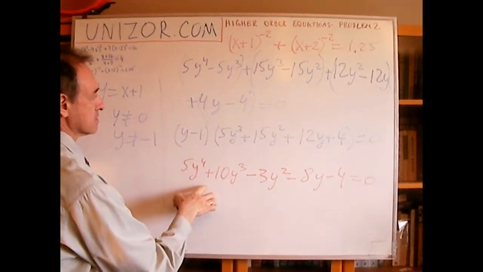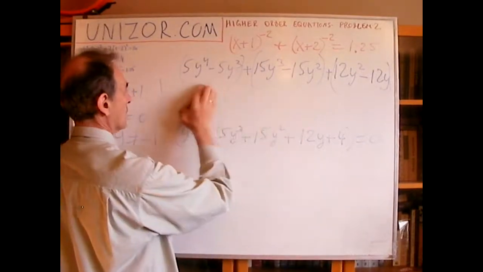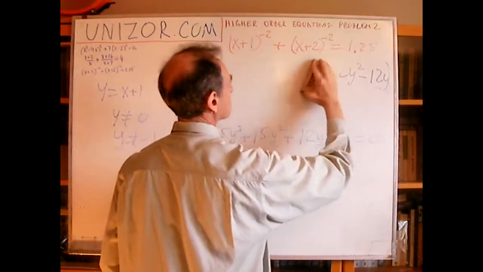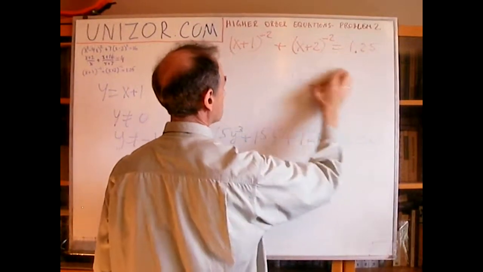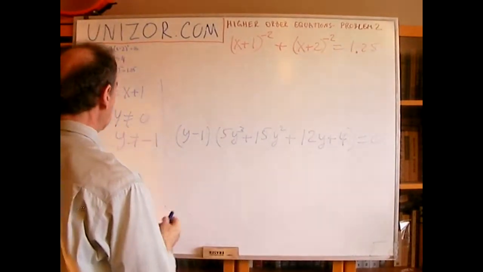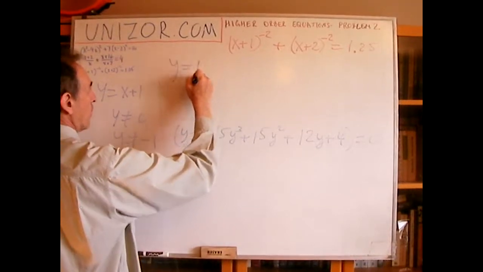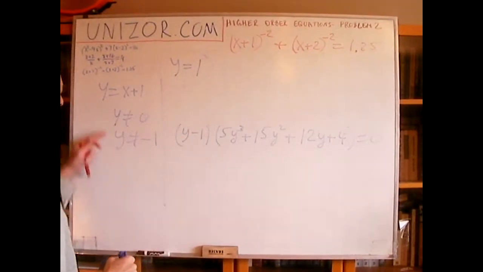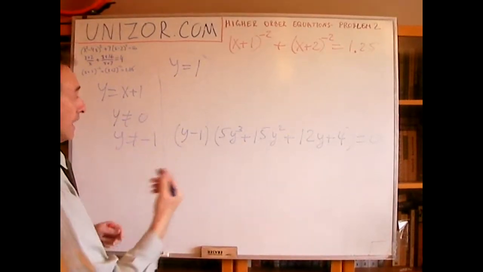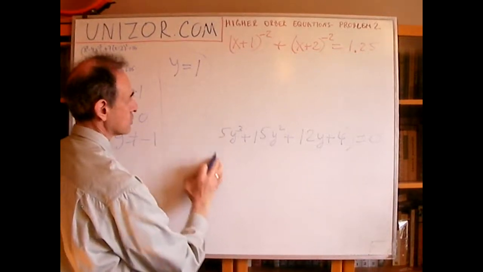This is the same as this one. Since I have guessed my first solution y minus 1, I can separately have y is equal to 1 as a solution, and by the way, it's allowed solution because it's not 0 and it's not minus 1, after which I can solve this equation.